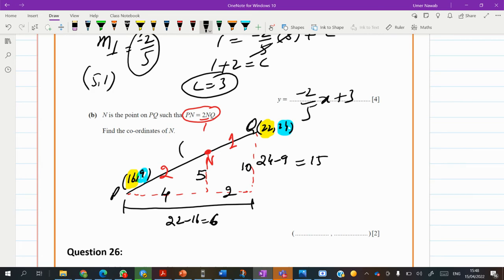Now I can write the coordinates of N very easily. The x coordinate is 16 plus 4, which is 20. The y coordinate was 9 plus 5, which is 14. So the coordinates of N will be (20, 14).